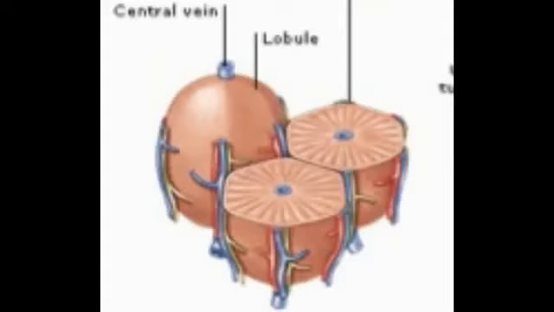The anatomy of the lobule is important for all the functions of the liver. The architecture of the lobule and how they are positioned to each other make it possible for the liver to have 500 functions. Then we go to the next slide.